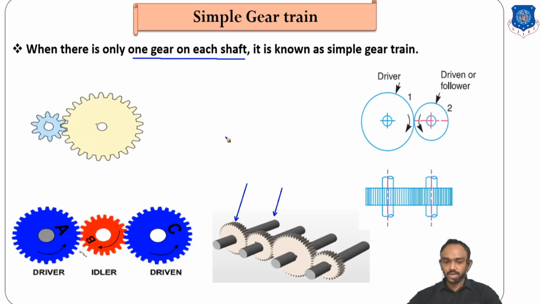The basic funda behind the simple gear train is, you can see here the small pinion which is rotating, and due to that this wheel is rotating in the opposite direction.